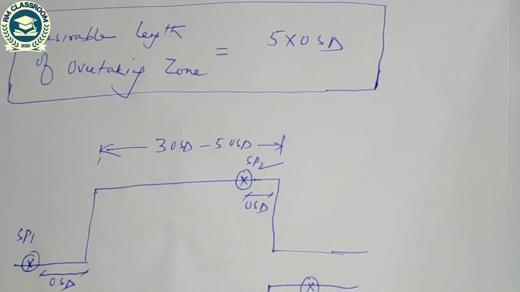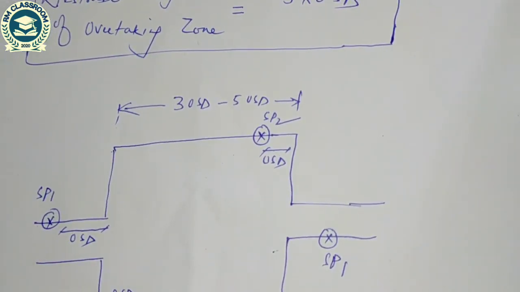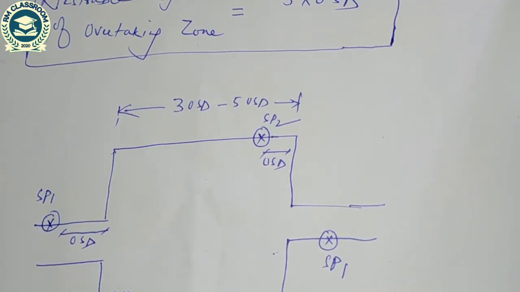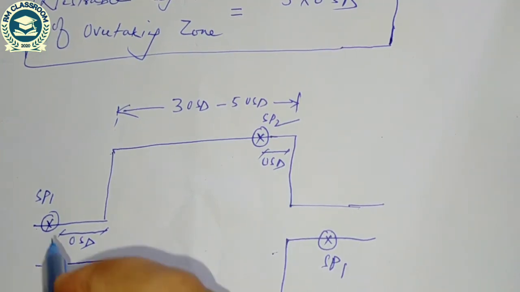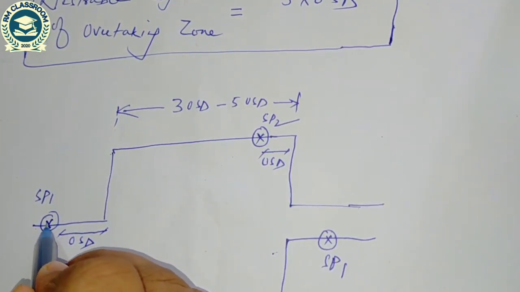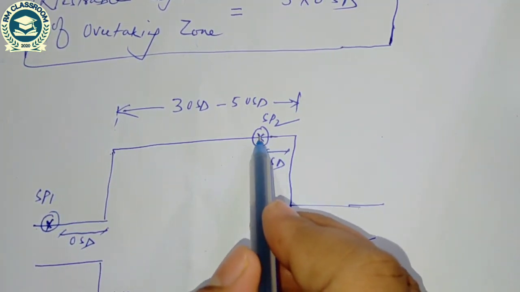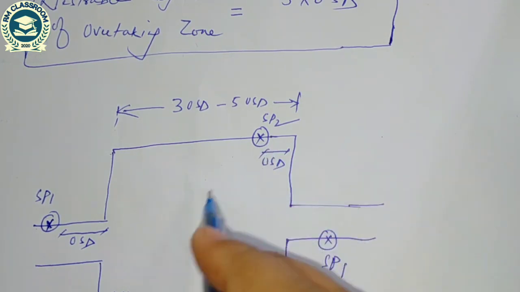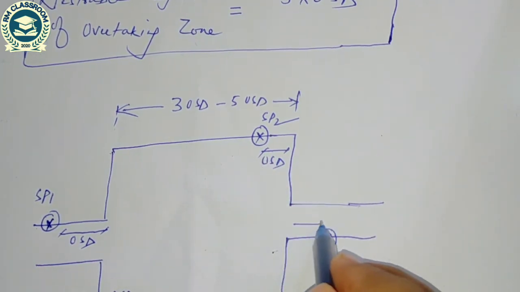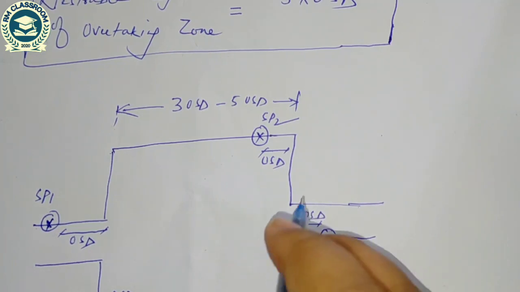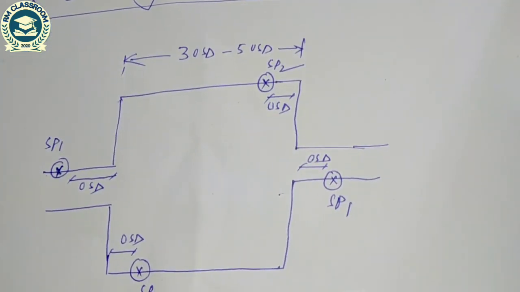So in the road you will see where overtaking zone is provided, two signs, overtaking zone ahead and overtaking zone ends. From this point onwards overtaking zone ahead, and here the overtaking zone ends. This is also overtaking side distance.